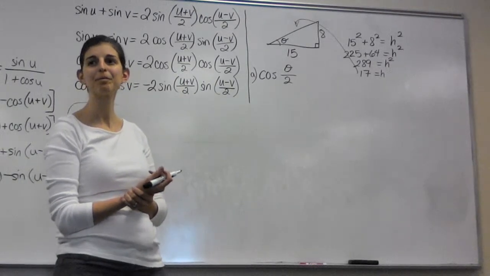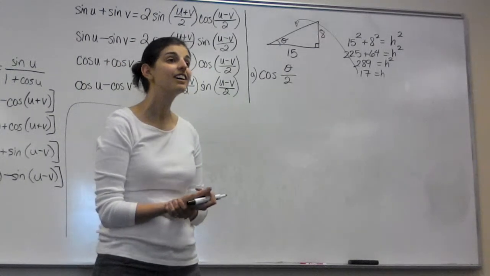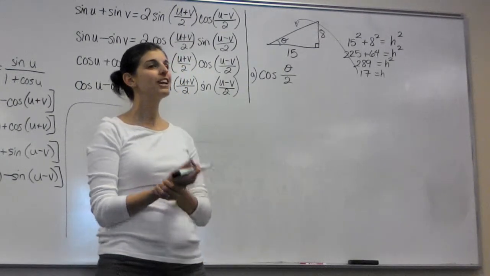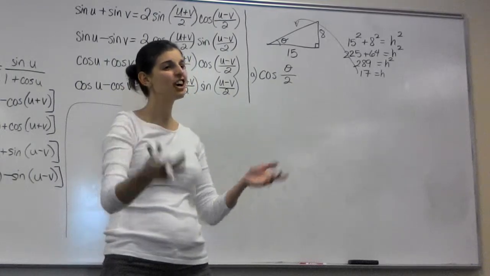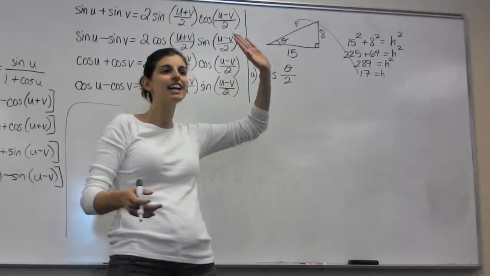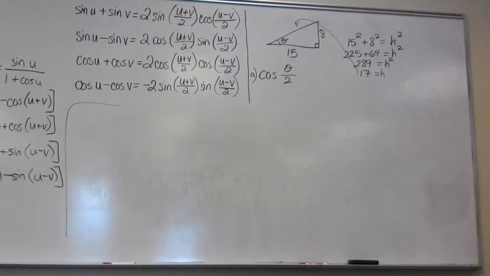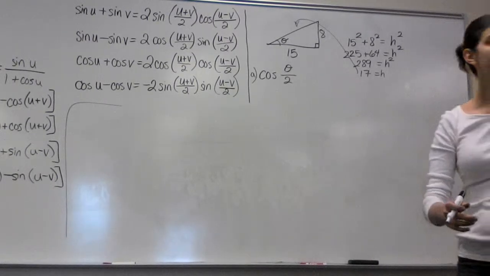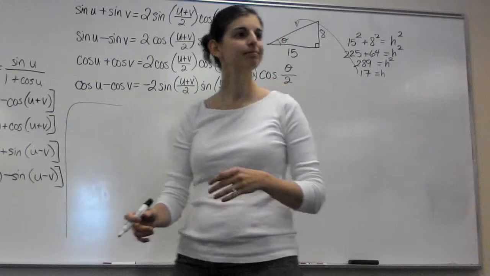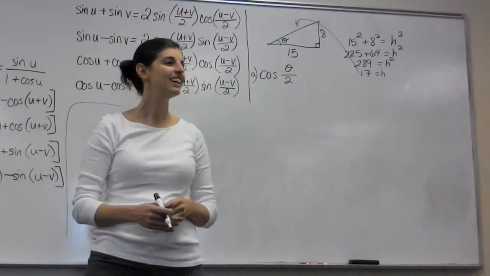You cannot just divide the cosine value in half. The cosine of half the angle does not equal the half of the cosine, okay? Can't you use one of those formulas?